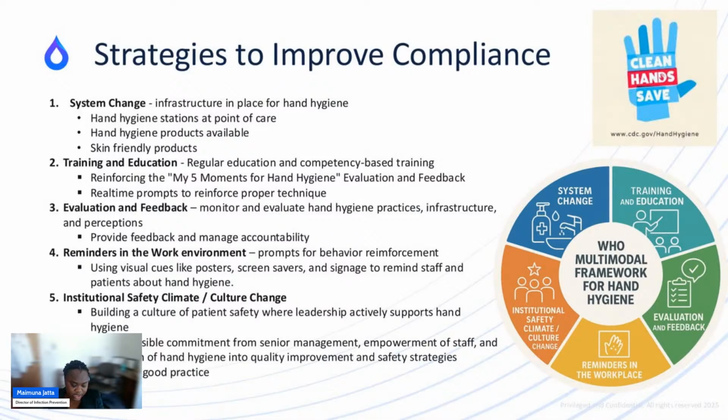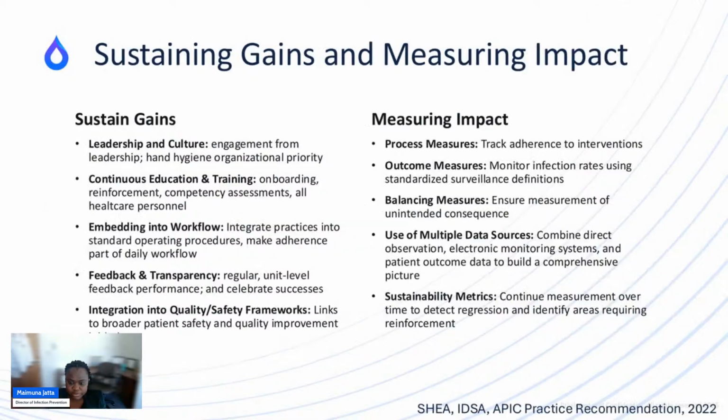And then creating an environment that allows individuals to hold each other accountable from the top down. Leadership support and a strong safety culture will drive lasting improvement. Sustained hygiene compliance requires multimodal approaches, like I mentioned before. It requires the integration of systems, education, feedback, reminders, and culture all working together to make it sustainable.